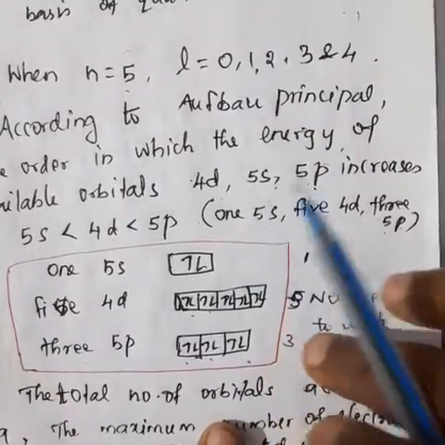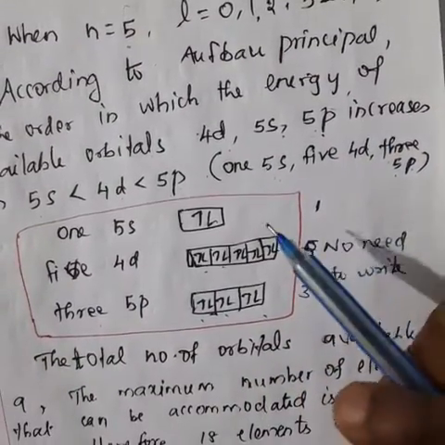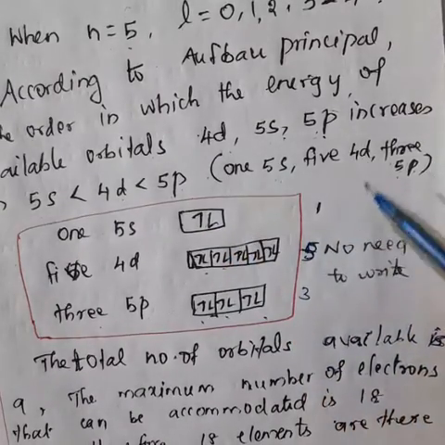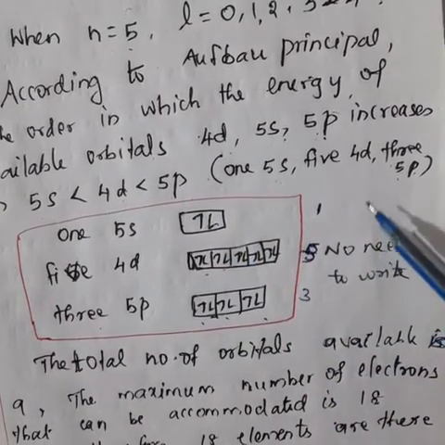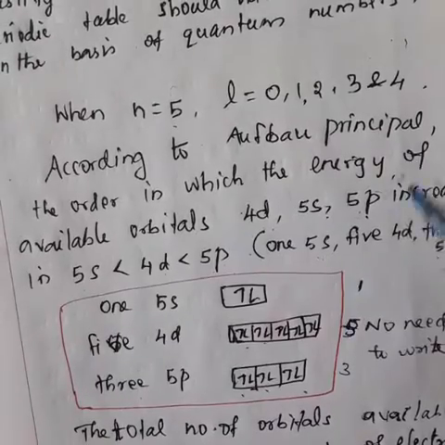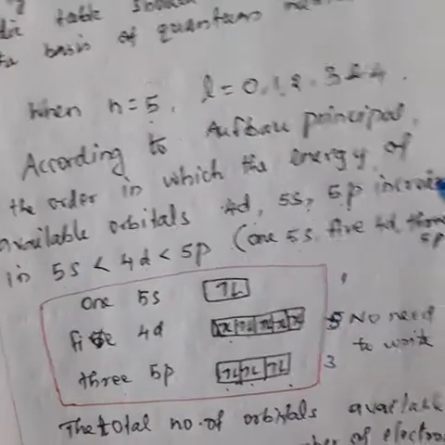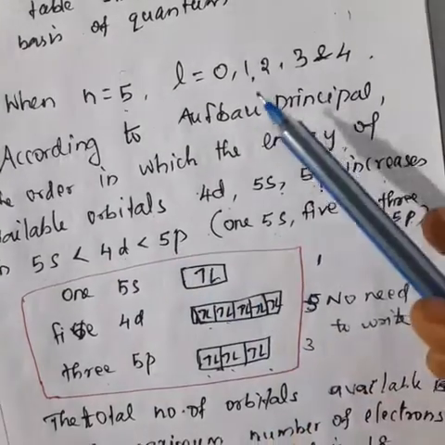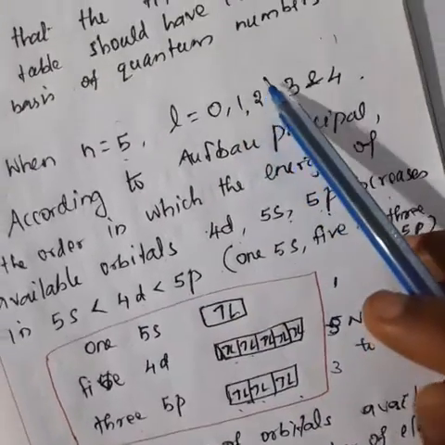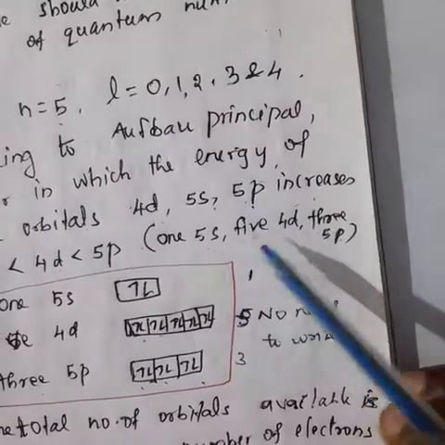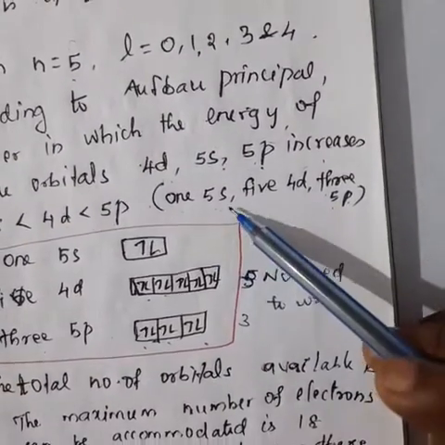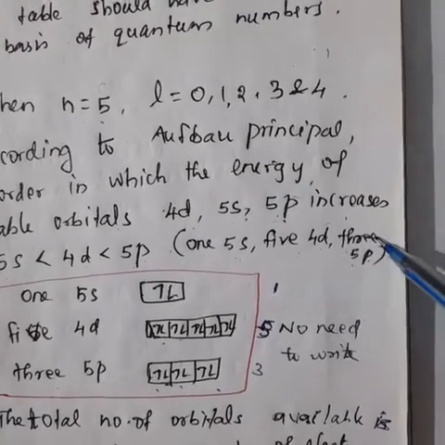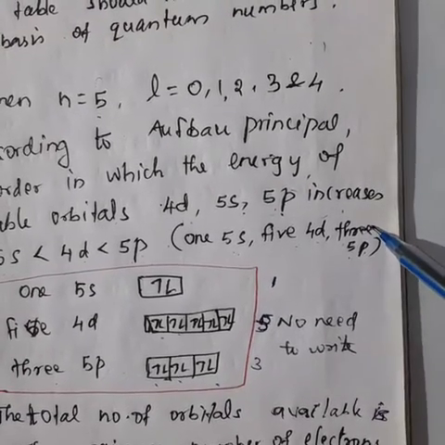So when n is equal to 5, l is equal to 0, 1, 2, 3, and according to the Aufbau principle, the order in which the energy of available orbitals 4d, 5s, 5p increases is 5s less than 4d and less than 5p. So first 5s, then 4d and then 5p. 5s means only one s orbital, 4d means 5 orbitals, and 5p means 3 orbitals.